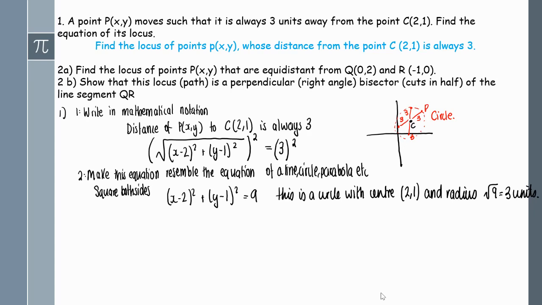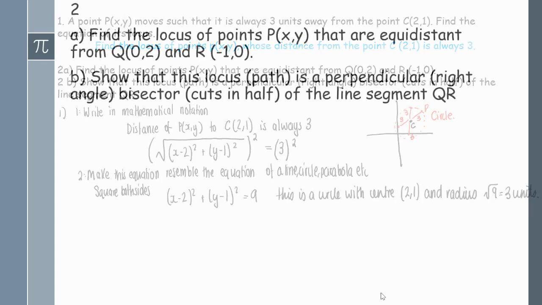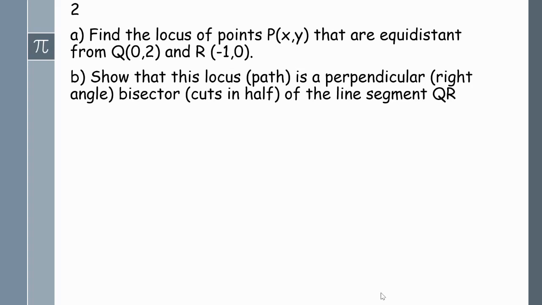Let's move on to something more tricky. Part 2. Find the locus of points P(x, y) that are equidistant from Q(0, 2) and from R(-1, 0). Like usual, the first step is to write this rule in mathematical notation.